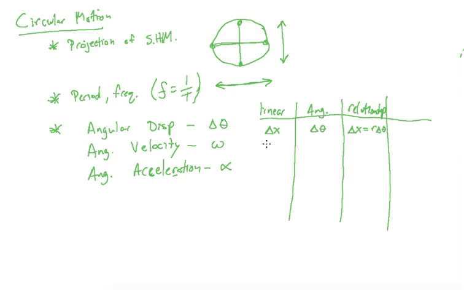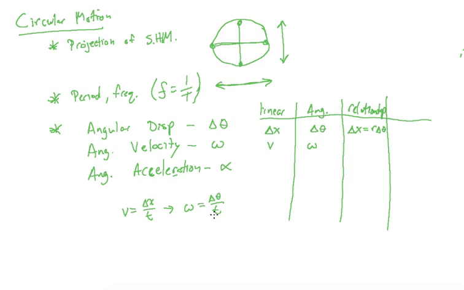Pretty simple. Linearly, we had velocity. Now we have angular velocity, and they are related very similarly. Velocity is displacement over time, and similarly, omega is angular displacement over time.